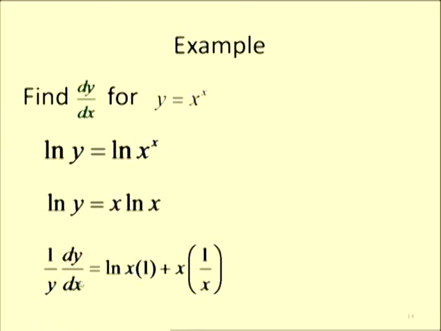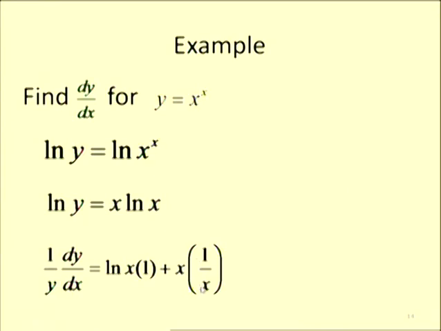So the derivative of log y with respect to x is 1 upon y into dy by dx using the chain rule, and the derivative of x into log x, using the working rule of the derivative of a product of two functions, is: derivative of x is 1 into log x as it is, plus x as it is into the derivative of log x, which is 1 upon x.